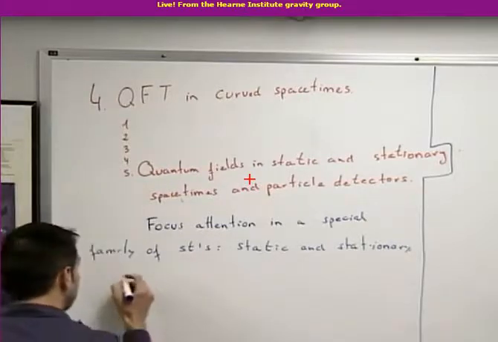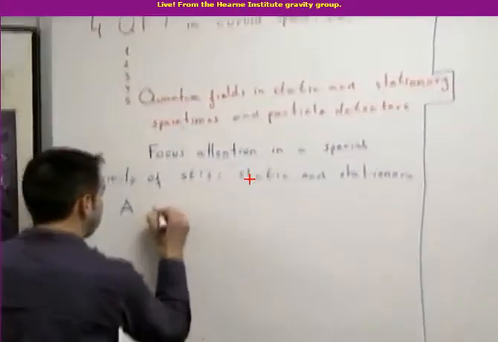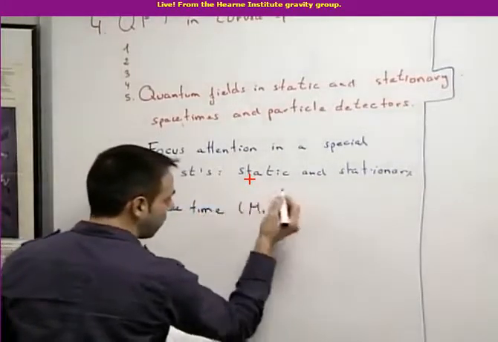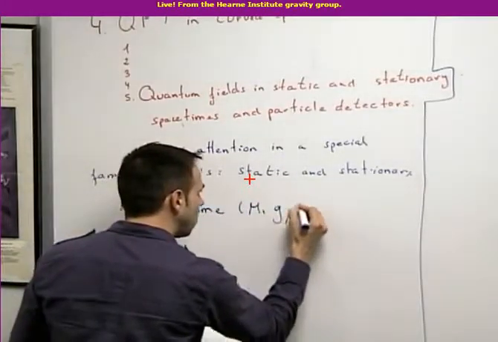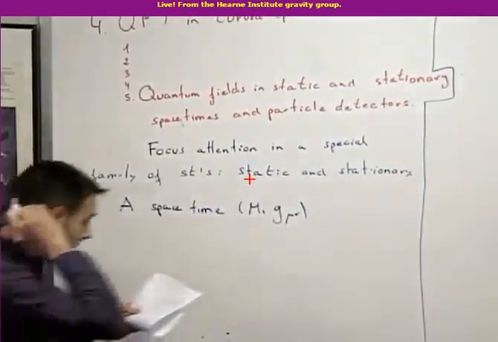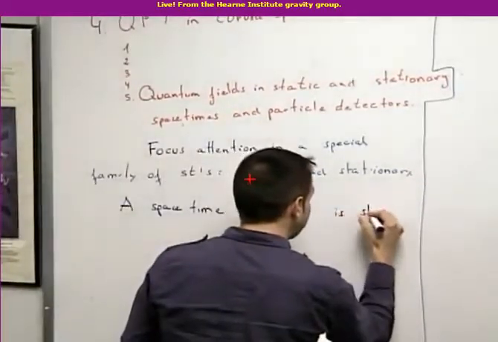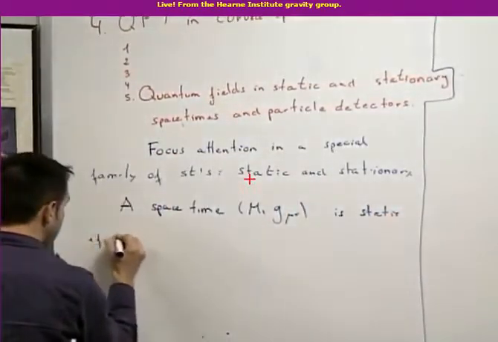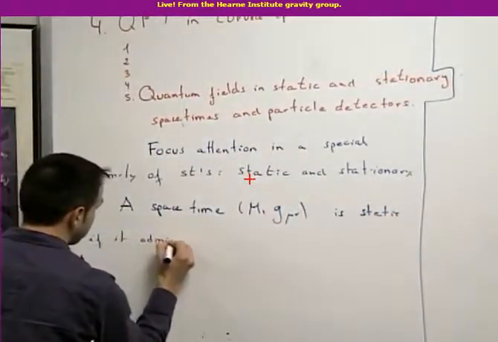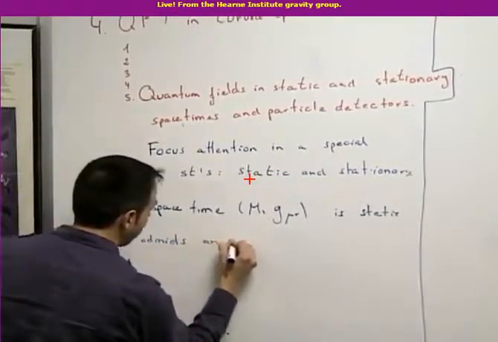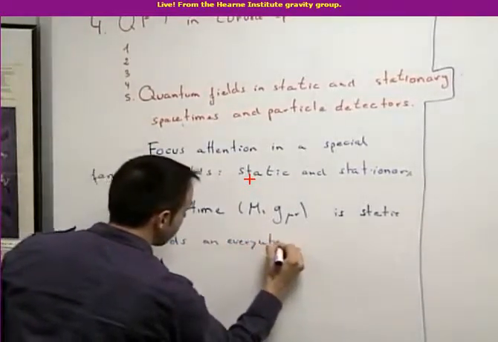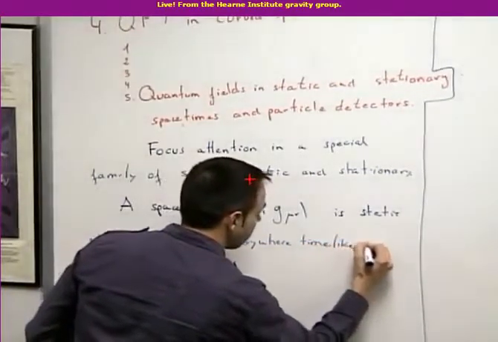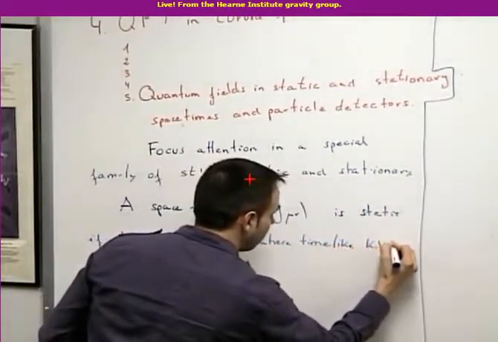Just to refresh your memory, a spacetime is a manifold, 4-dimensional in our situation, with a Lorentzian metric. We say it's static if it admits, everywhere, a time-like Killing vector field.